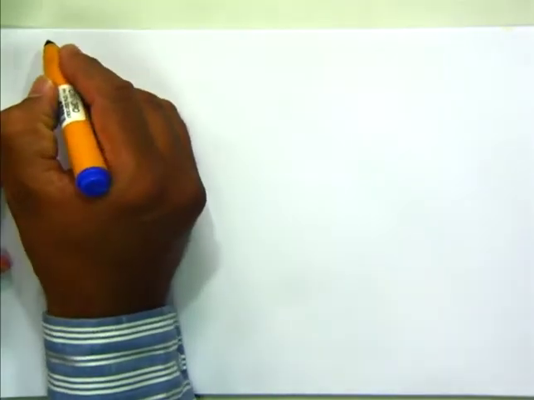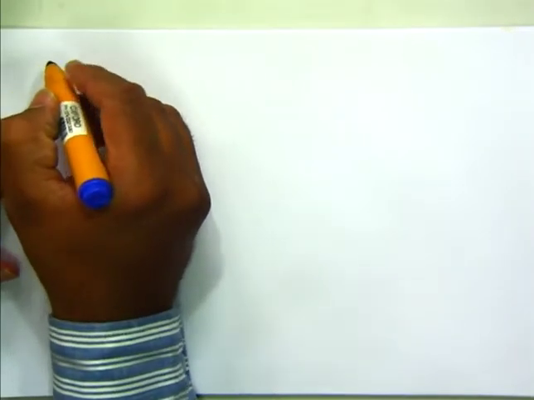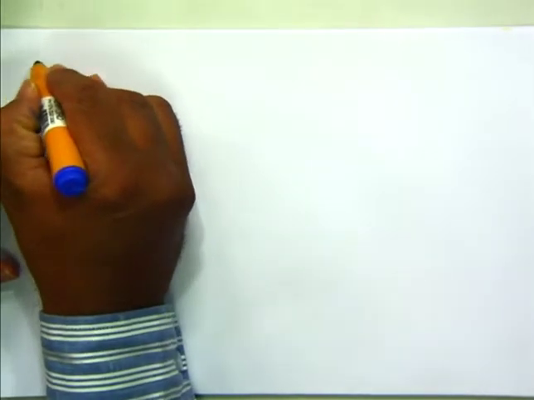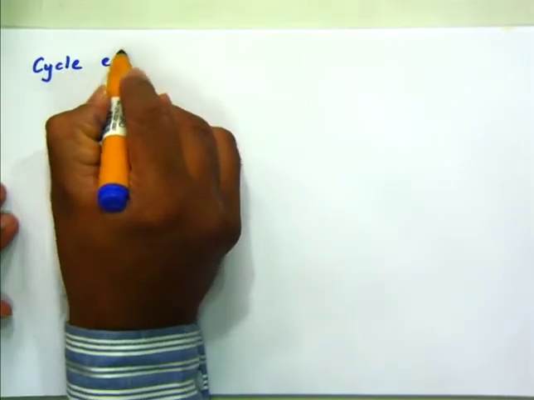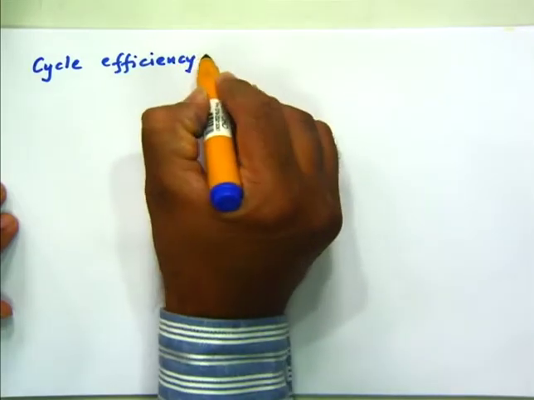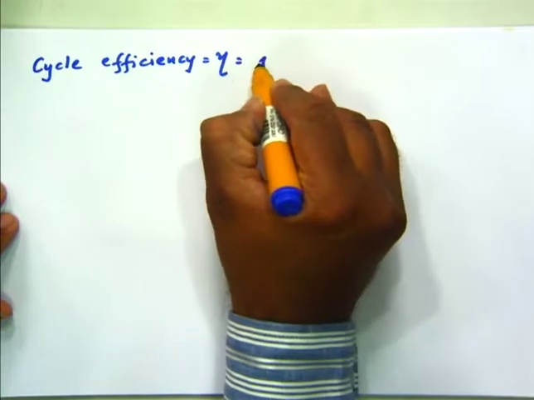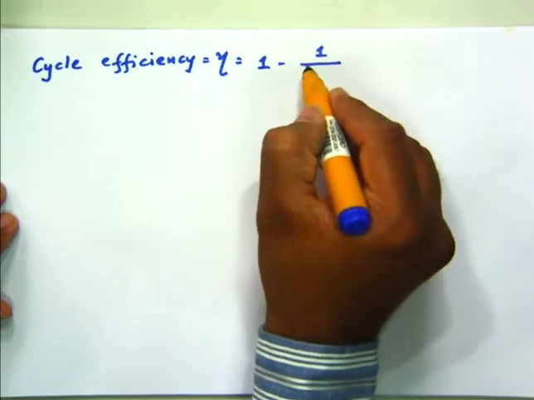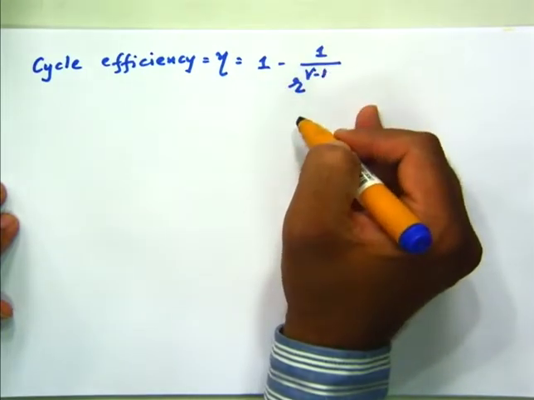Efficiency eta is equal to 1 minus 1 upon R raised to gamma minus 1.